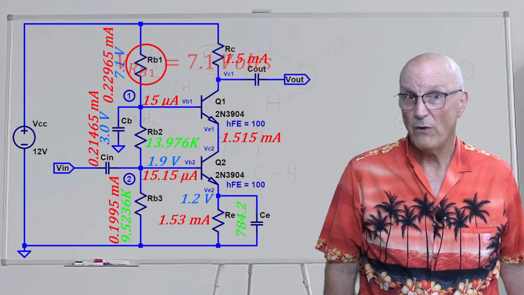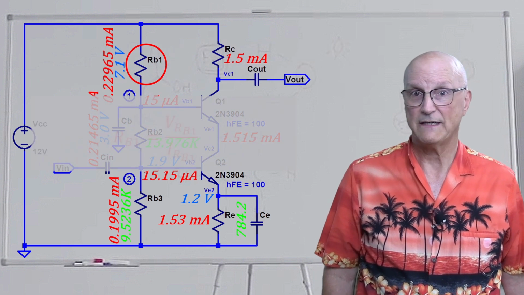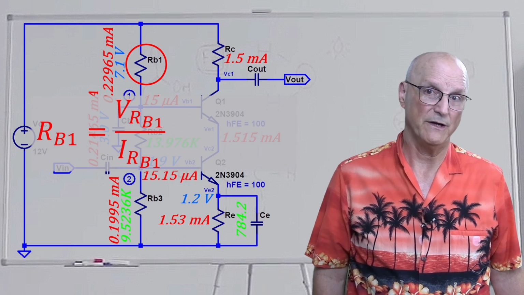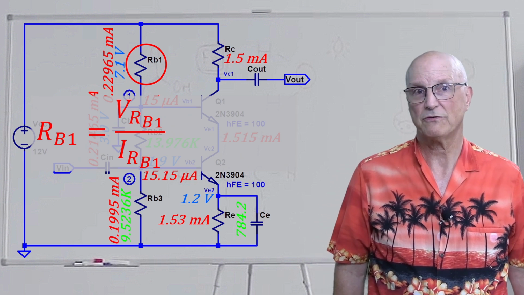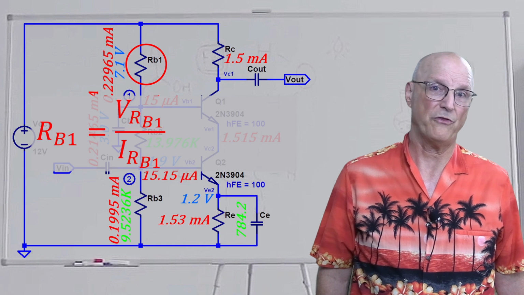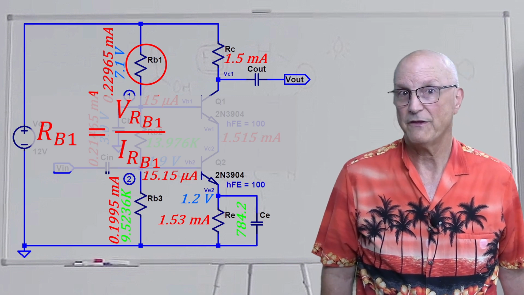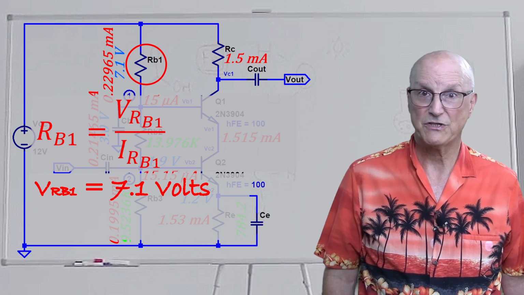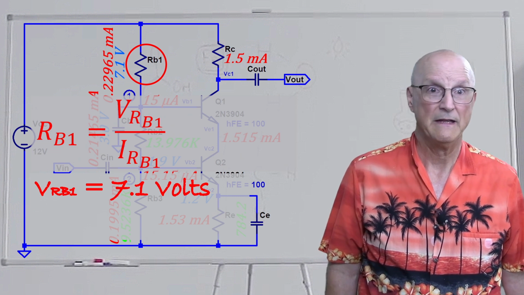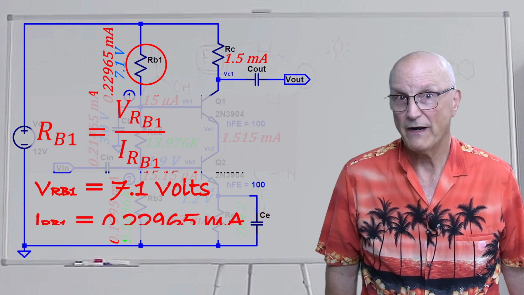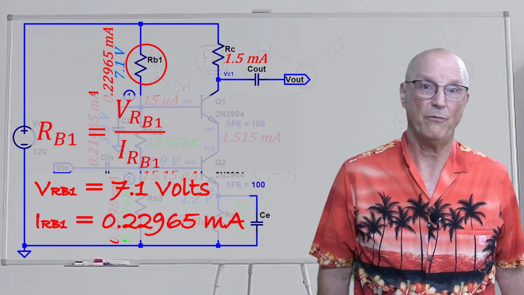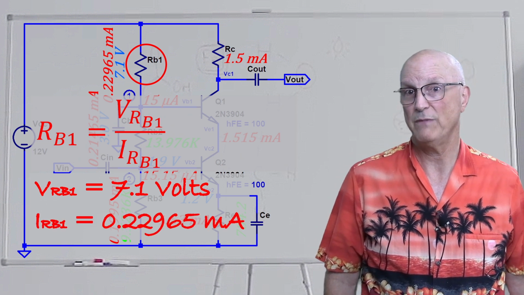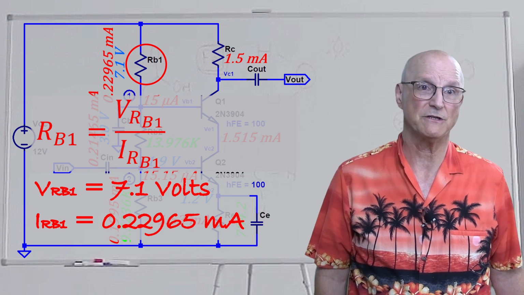Solving for Vrb1, or the voltage across Rb1, we get a value of 7.1 volts. And so now we can apply Ohm's law that tells us the value of Rb1 is equal to the voltage across it divided by the current through it. And we know that the voltage across it is 7.1 volts, just as we just calculated, and that the current through it, Irb1, is 0.22965 milliamps from our previous calculation.